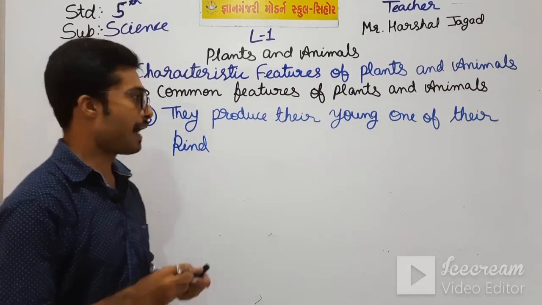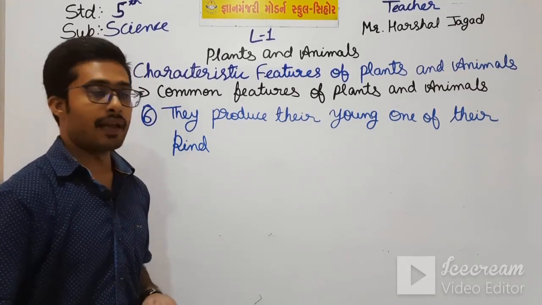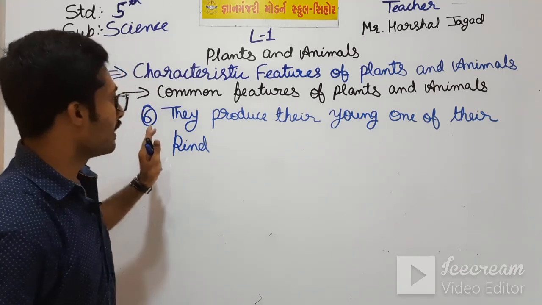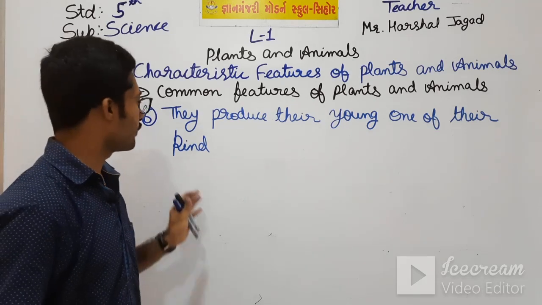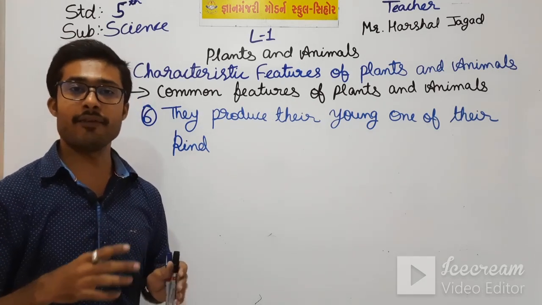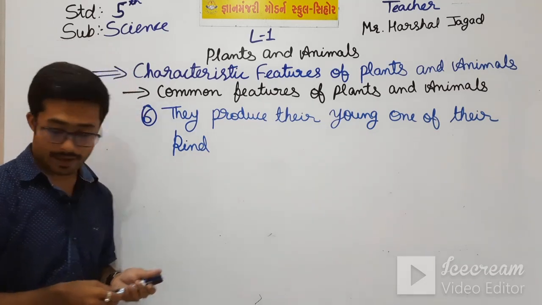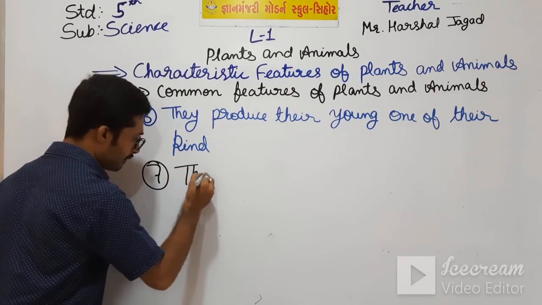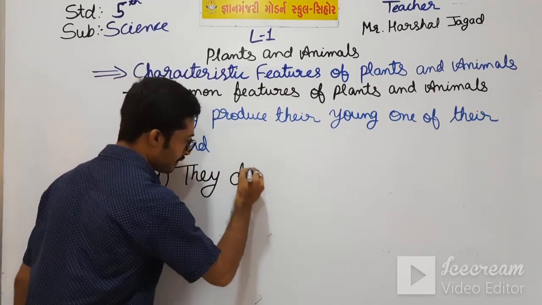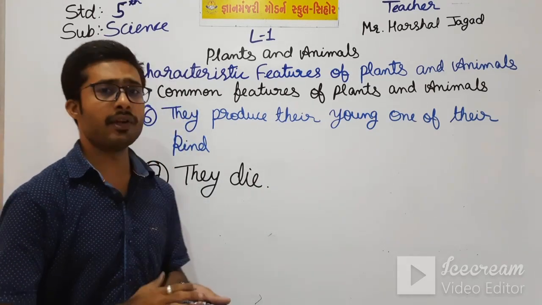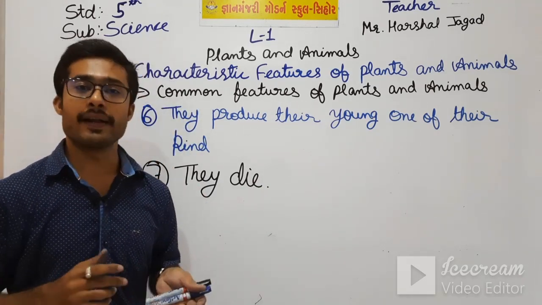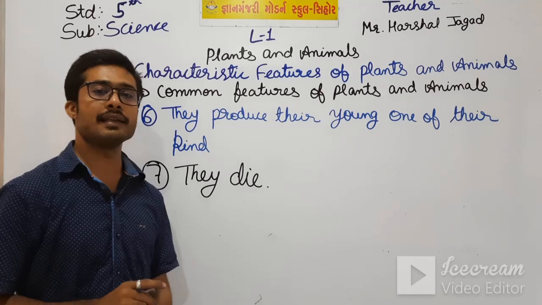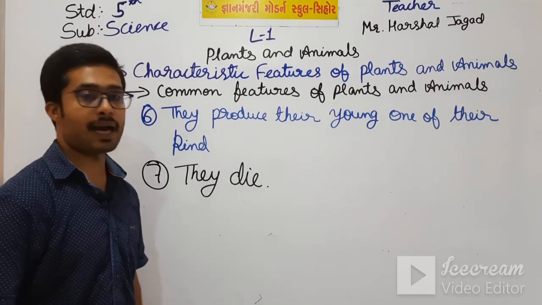Means the plants and animals produce their young ones, as time goes on, of their own kind only, means they produce as they were. Okay, then the seventh point, they die. We all know the plants and animals also die. So after this they will die. So we have seen the 7 common features of plants and animals.